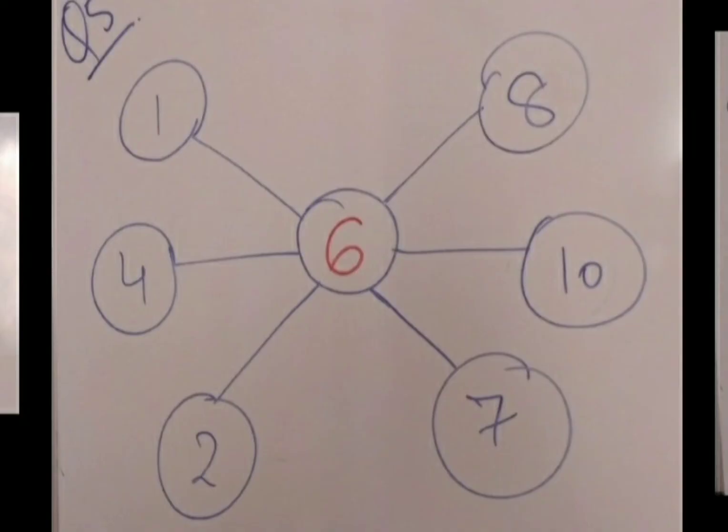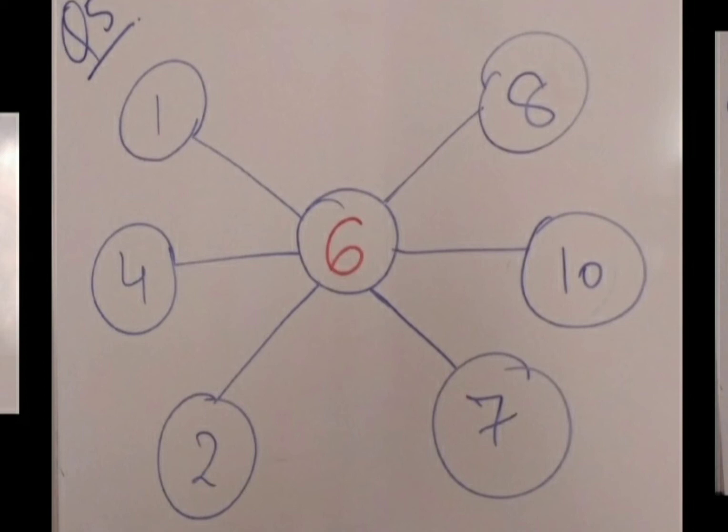Next, coming to this question, we had to find the answer, what comes in between, in the middle. In such questions there is a pattern kind of formation. If you notice the diagonals, for example, 1 is diagonally opposite to 7, 4 is diagonally opposite to 10, 2 is diagonally opposite to 8.